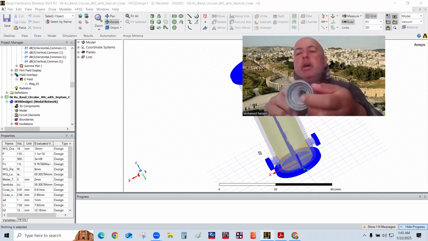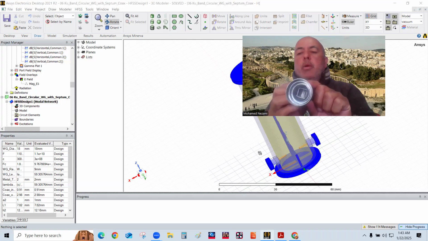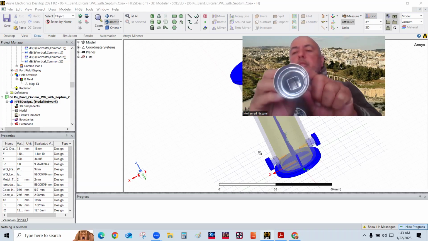This one happens to be a circular waveguide. They all use a circular horn, of course, but eventually they either feed a square waveguide, like it is in this case, where they have a little transition from circular to square waveguide.